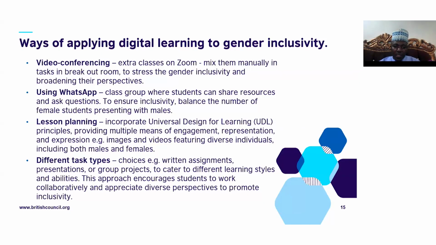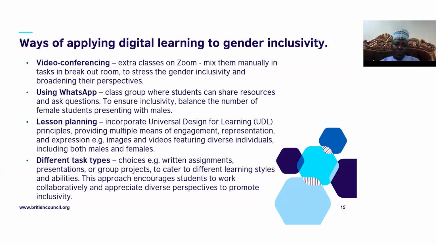Number two, we have using WhatsApp. I use WhatsApp by creating class groups where students can share resources and ask questions to ensure inclusivity, balance, and that the number of female students will be the same as that of the males.